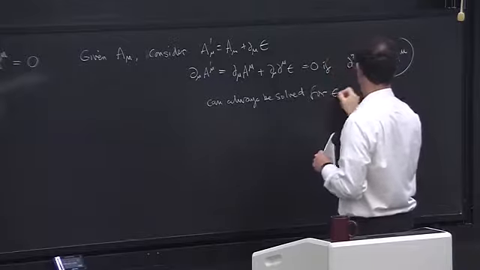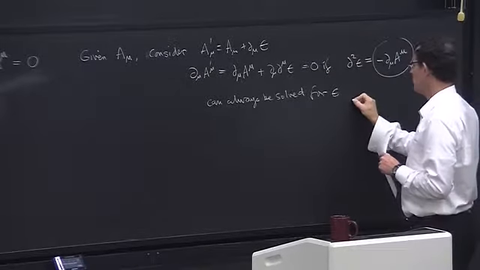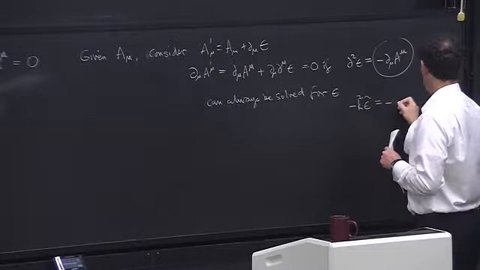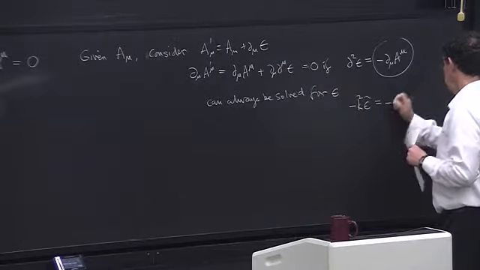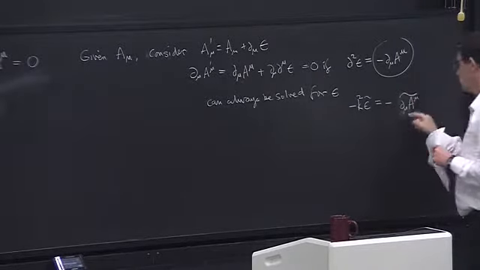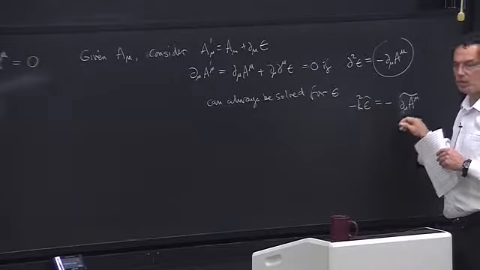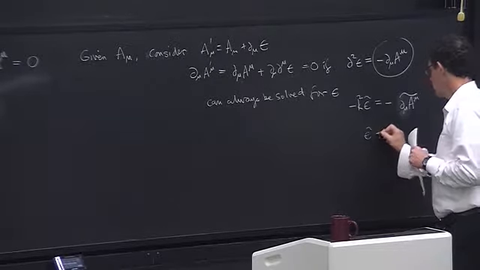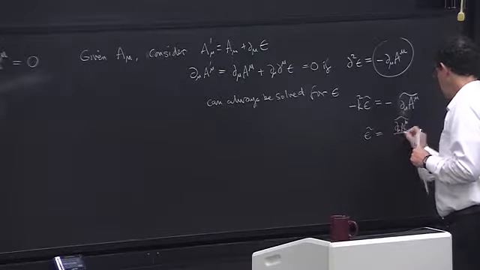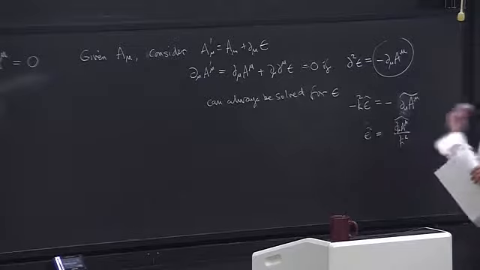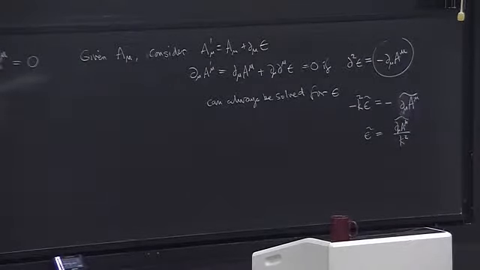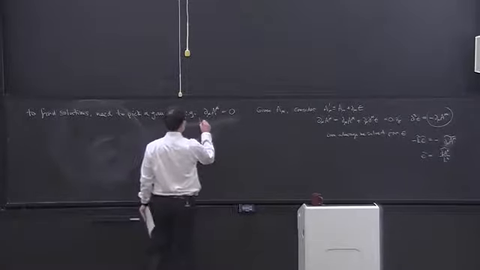If we Fourier transform this, I get minus k squared epsilon twiddle equals minus D mu A mu twiddle, the Fourier transform of the source, and then I can divide by k squared. So epsilon twiddle equals D mu A mu twiddle over k squared. And then I can Fourier transform back to get epsilon. So this is called Lorentz gauge.